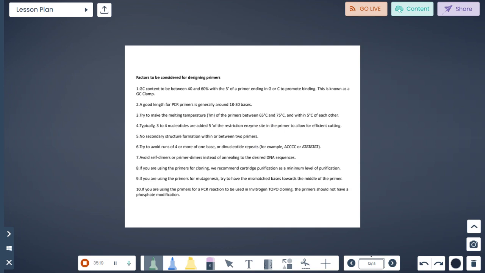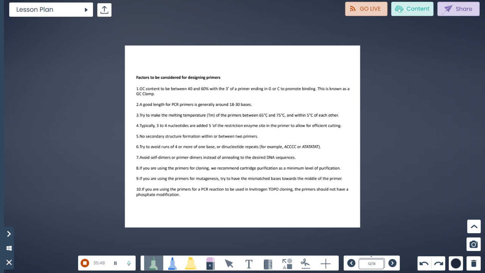So a factor to be considered for designing a primer is that at the 3' end there should always be a GC clamp, so that the 3' end will be properly base paired with the template, so that it can add the nucleotide to the 3' end. The PCR primer should be around 18 to 30 bases in length, and ideally it should have a Tm of 65 to 75 degrees centigrade.